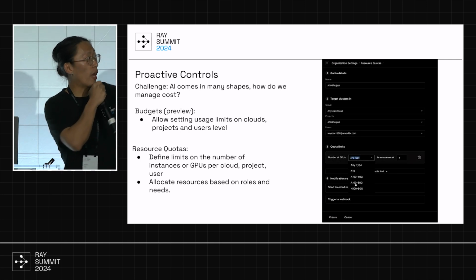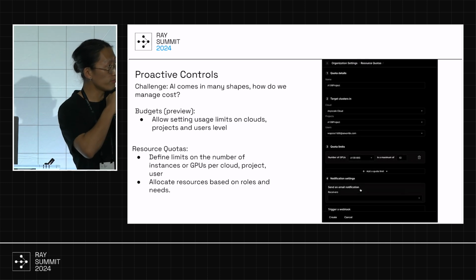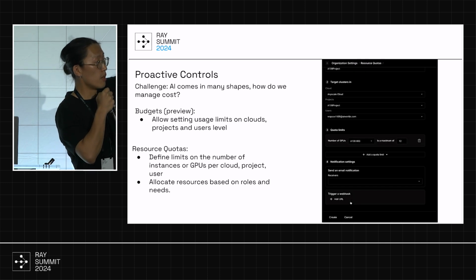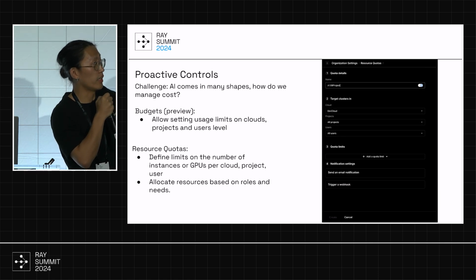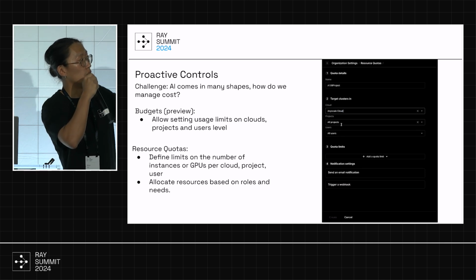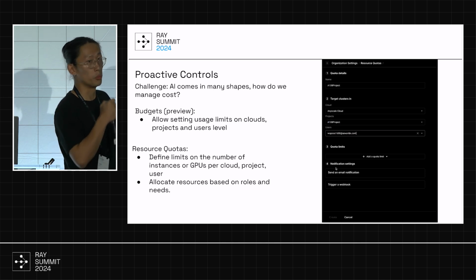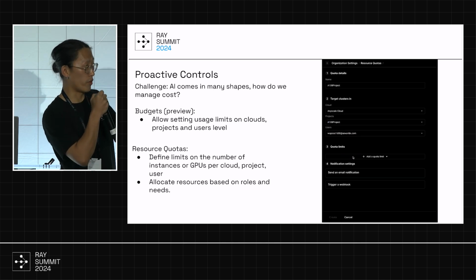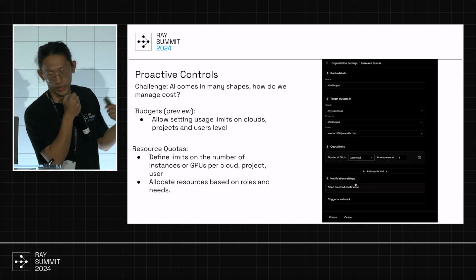Well, first of all, if you have 12 A100s per researcher, congratulations, good for you. But more importantly, this is the level of flexibility that resource quotas allow you to set to not only remove the concern of cost and overspending, but give you the flexibility to move fast and innovate the way that you want.